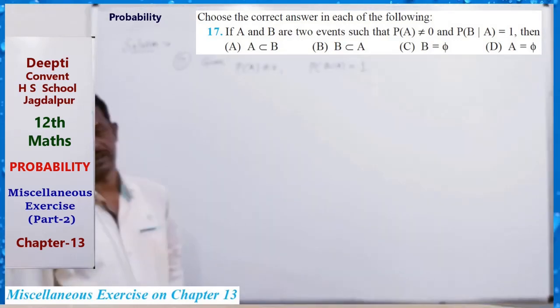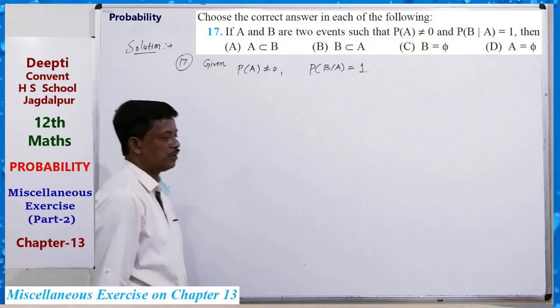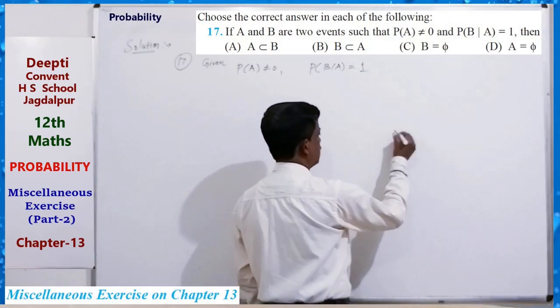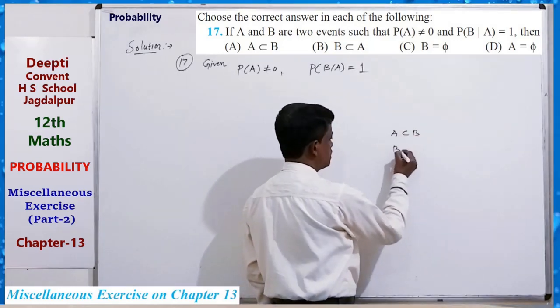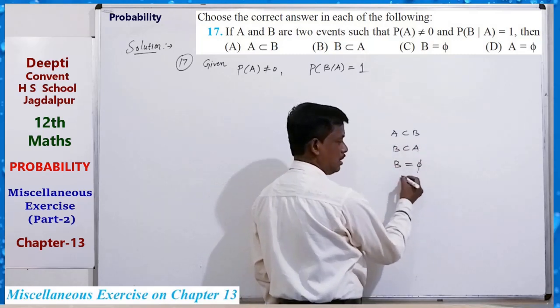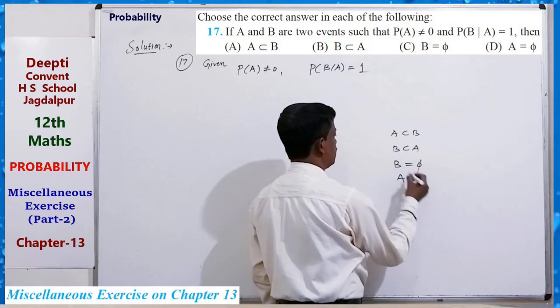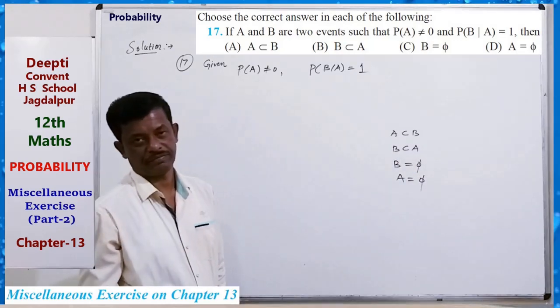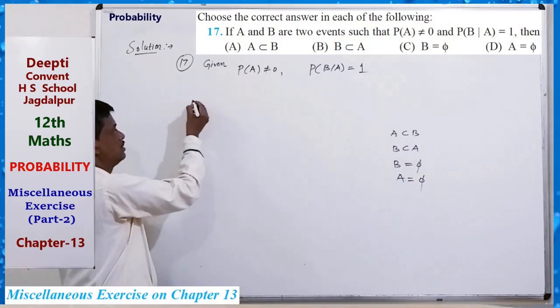Which option will be correct? Here the options given are A subset of B, B subset of A, B is phi, and A is phi. Which is correct?